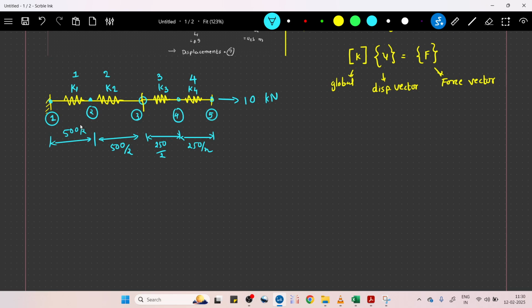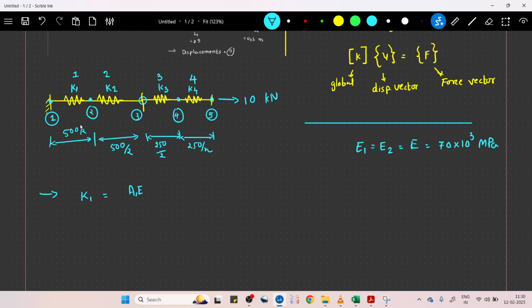The first thing we have to do is find k1, k2, k3, and k4. So k1 is equal to A1 E by L1 times the matrix 1 minus 1, minus 1 1. We did not give the Young's modulus last time, but you could have assumed E1 equal to E2 equal to E, aluminum material, so 70,000 megapascal.